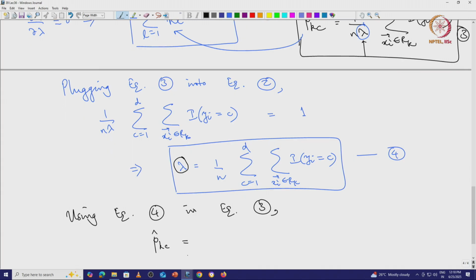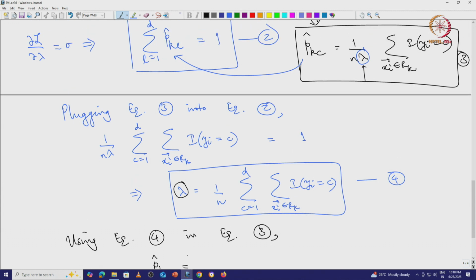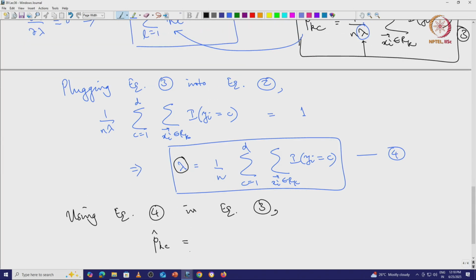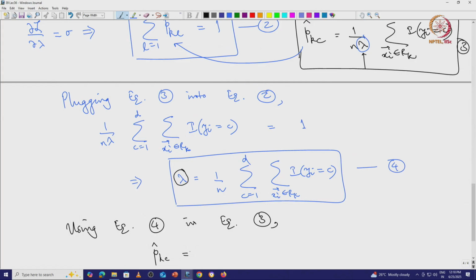Okay. So, this becomes, if you look closely at the expression, 1 over n lambda. So, I am first just going to write 1 over n times whatever is remaining, and then I will divide by lambda. So, everything else other than lambda here, let us first write that. So, that is 1 over n and this summation. So, that is everything else other than lambda in equation 3.